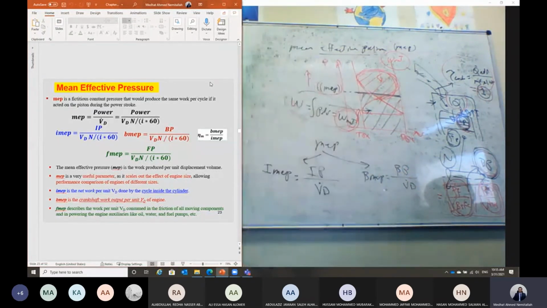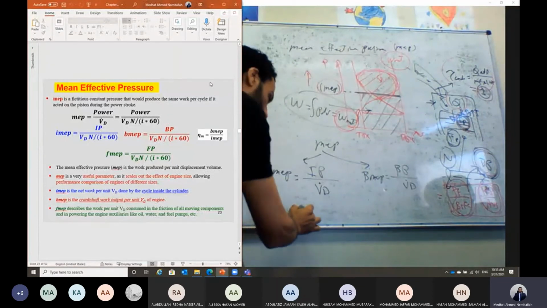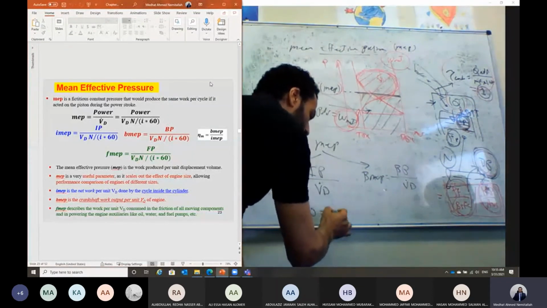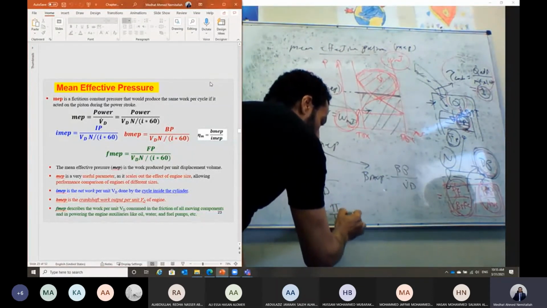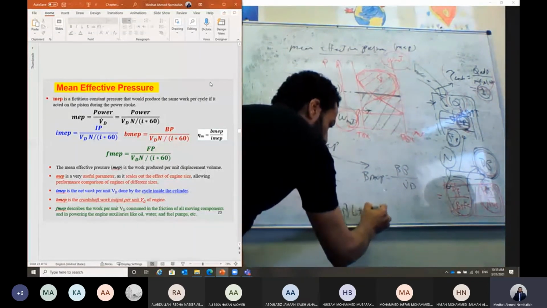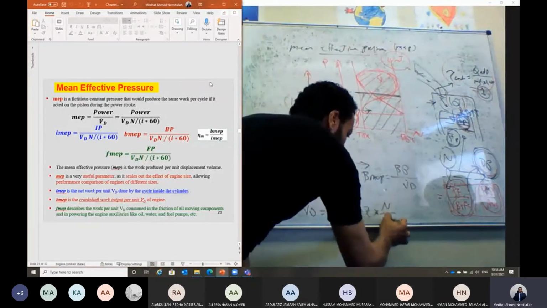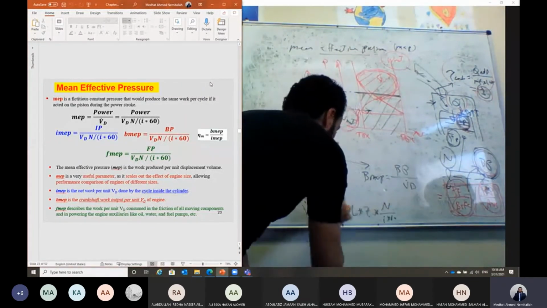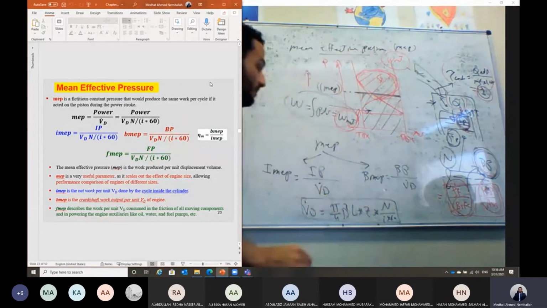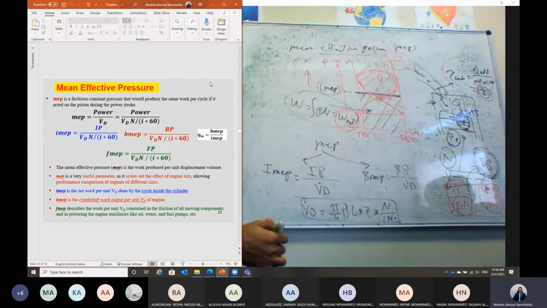V dot displacement is the displacement volume, pi over 4 D squared L, multiplied by the number of cylinders Z, multiplied by the number of cycles per second, which is N divided by R, divided by 60 in this case. So this is the V dot displacement.